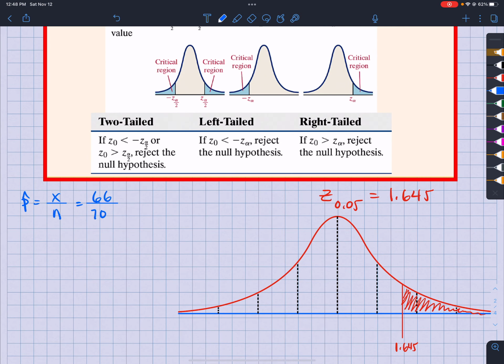Okay. And what do we get? Well, it's approximately 0.094.